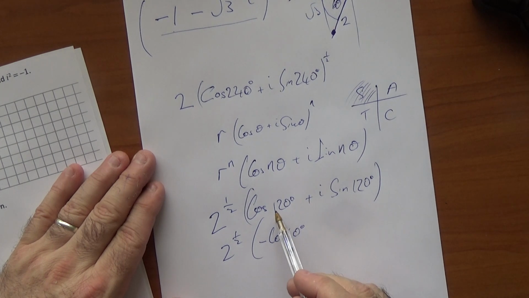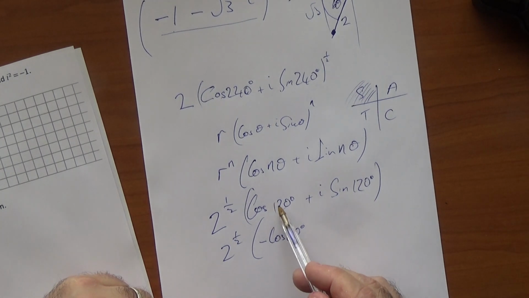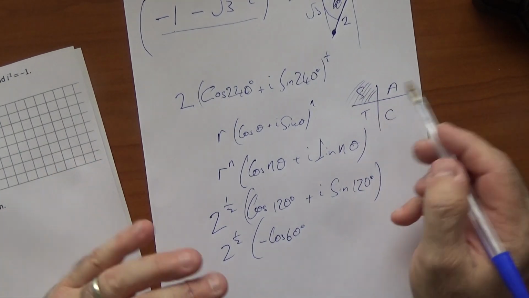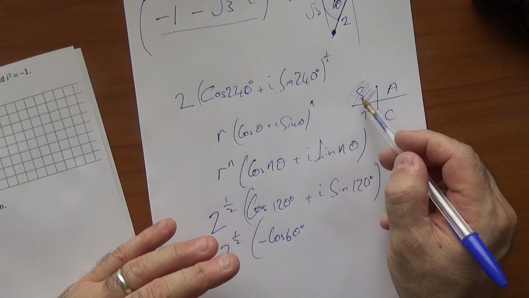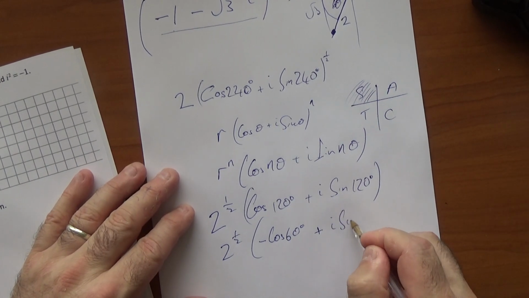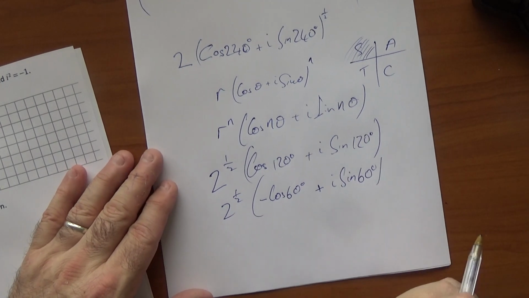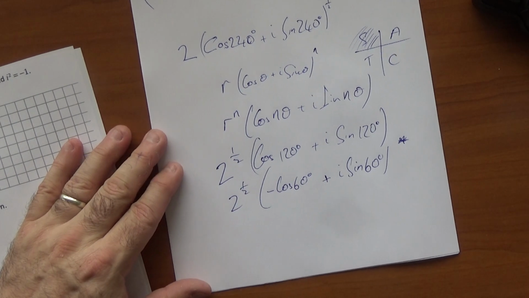The cost, if you like, of using the reference angle is to negate, whereas for the sine the reference angle can be plugged in transparently. In other words, we can just say this is i times the sine of 60 degrees. And remember, this is just the primary root. We do have a secondary root as well.